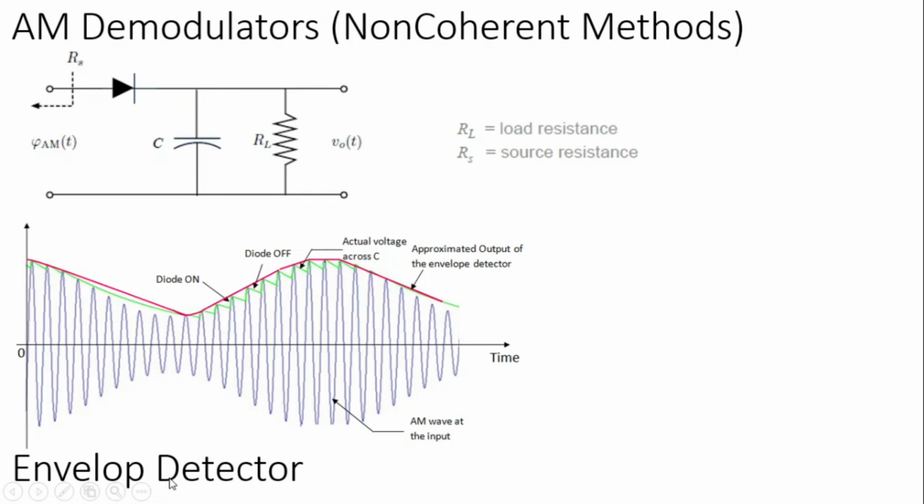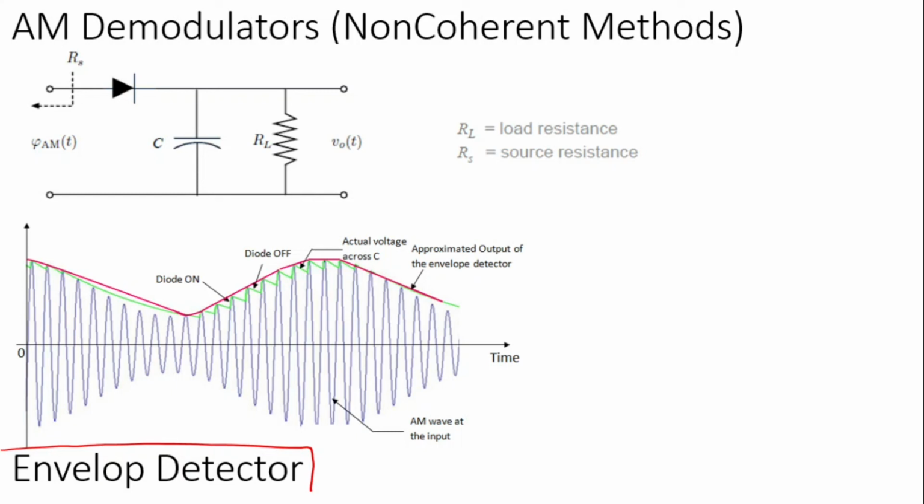Now let us look into the second method of non-coherent demodulation of AM, and this is actually one of the simplest methods that we come across, and this is something that we call an envelope detector.